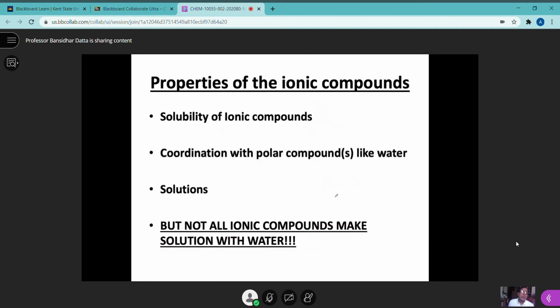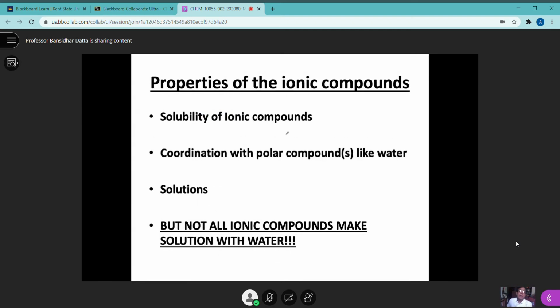One of the most important properties of ionic compounds is solubility. Solubility in water. Water is a solvent, and many of the ionic compounds are soluble, some of them are not. That's basically what we're going to find out. When you take an ionic compound and put it in water, what will happen?